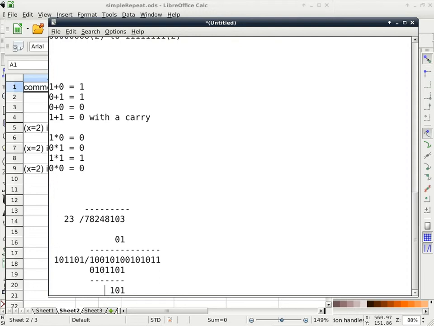This one is a 0 already, and 0 minus 1 is a 1 with a borrow. So the borrow goes here. 0 minus 1 is 1 with a borrow. That borrow goes here. 0 minus 1 is 1 with a borrow. And then 1 minus 1 from the previous borrow is a 0. And then 1 minus 0 is a 1, but since I have a borrow from the other one, this becomes a 0. It's actually easier than base 10.